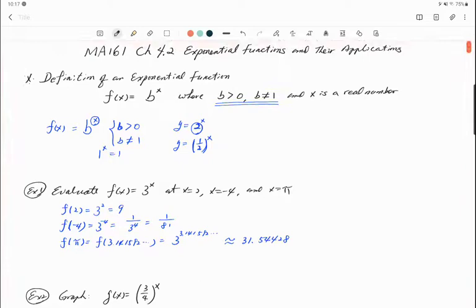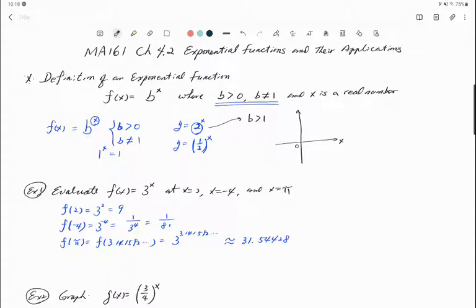Let me explain a little bit more about the exponential function. Look at the base. If the base is greater than 1, like y equals 2 to the x power, then as x increases, what happens?